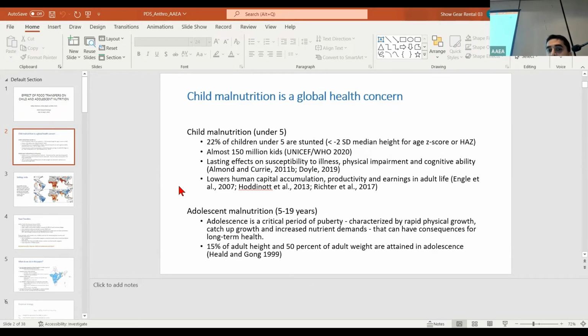It's defined as being 2 standard deviations below the reference population, and it's been shown that stunting has lasting impacts on illness and physical impairment, and is also associated with lower human capital accumulation, productivity, and earnings. So it has this intergenerational effect on poverty.